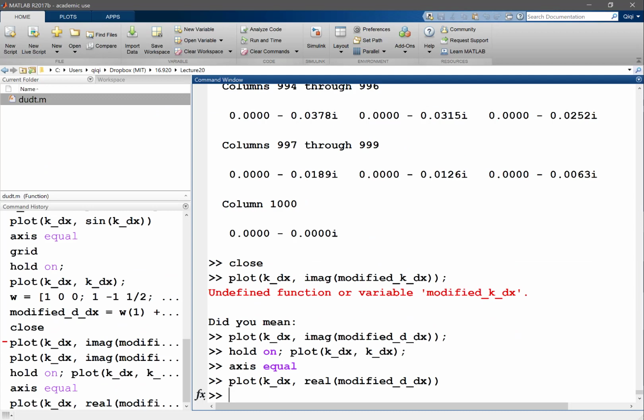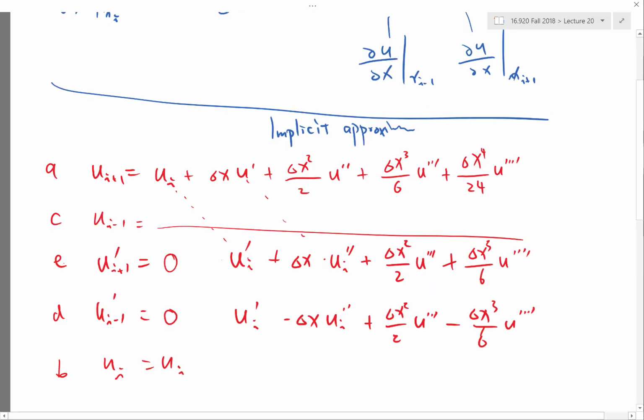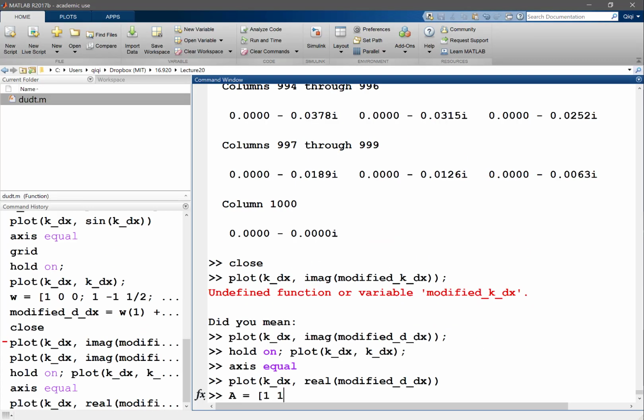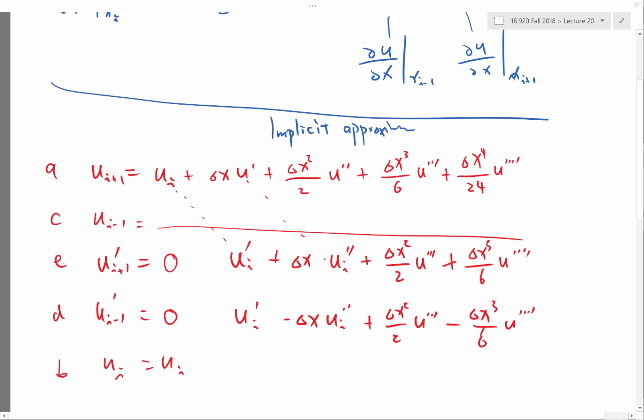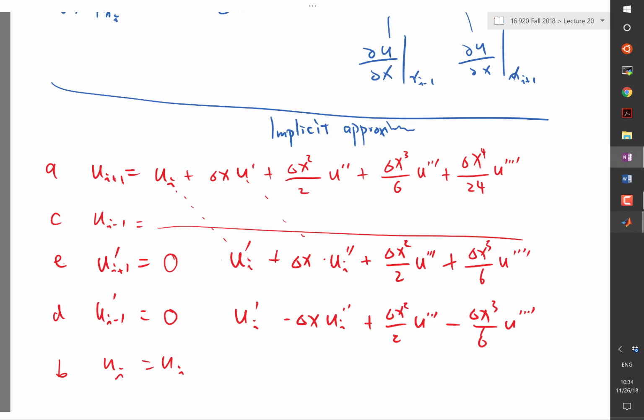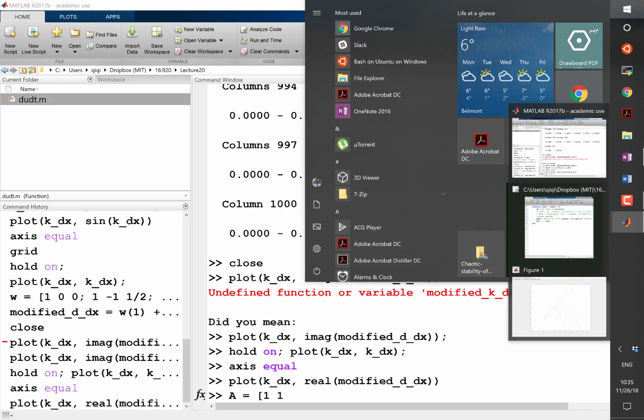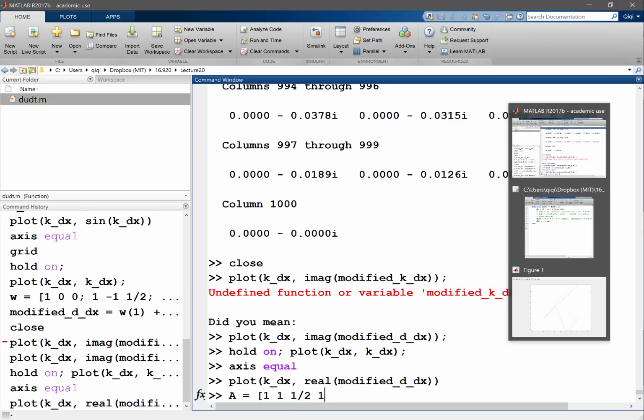So the matrix A, the first line is 1 1 half, a sixth, 1 24th. The second line is the value corresponding to minus delta x: 1 minus 1 half, minus 1 sixth and 1 over 24th.